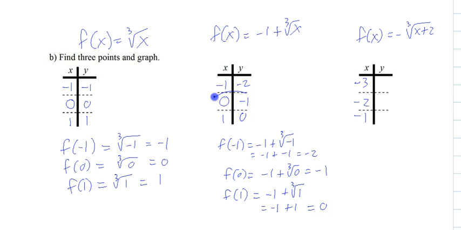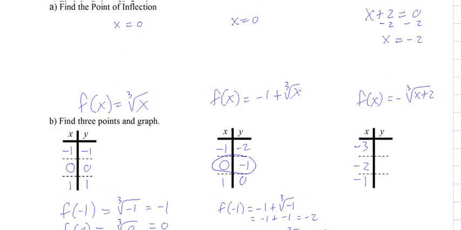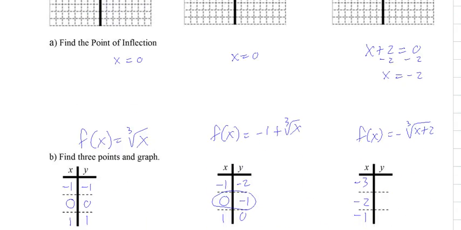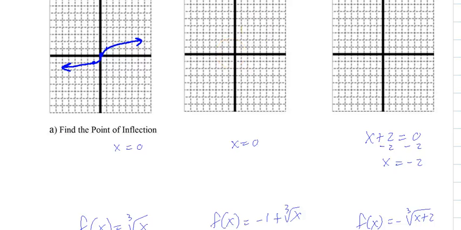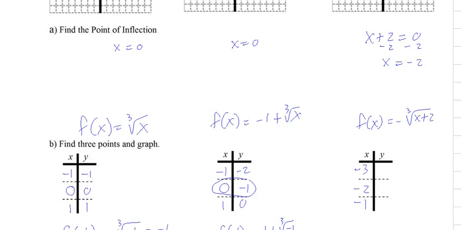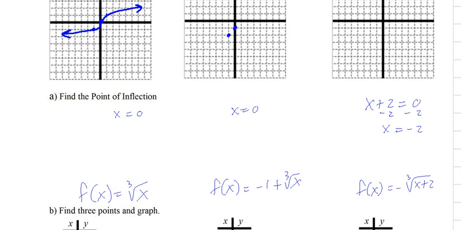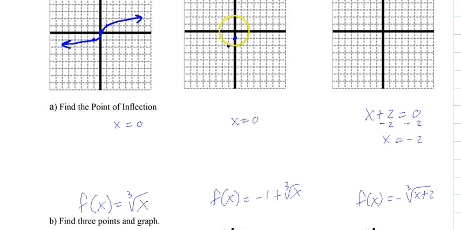Alright, and this again is our point of inflection, so that's the point that's going to change at. So (-1, -2), we change the size. (-1, -2), (0, -1), and (1, 0), right there. And then again, curve, curve, just like that.